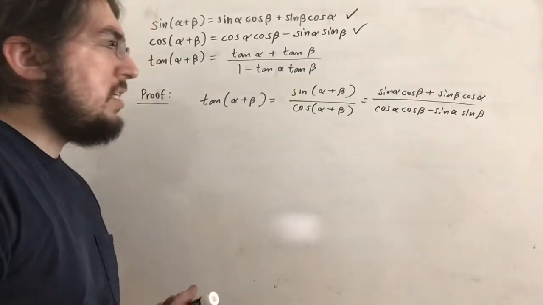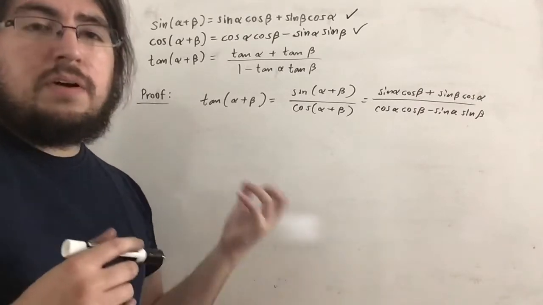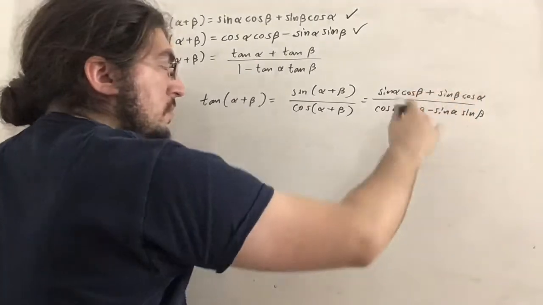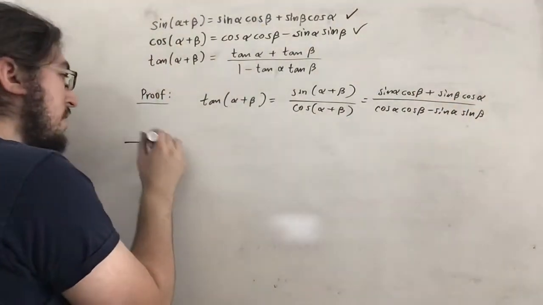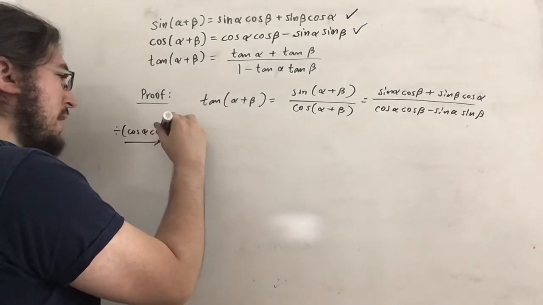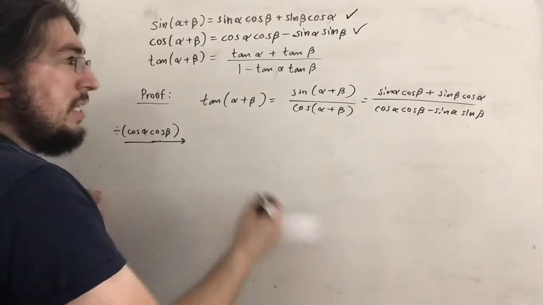So what I'm going to do actually is I'm going to divide top and bottom by cosine alpha cosine beta. So it's going to be a lot to write, but I'm going to divide each term by, so let me just write, divide by the quantity cosine alpha cosine beta, like that, and let's see what we get.